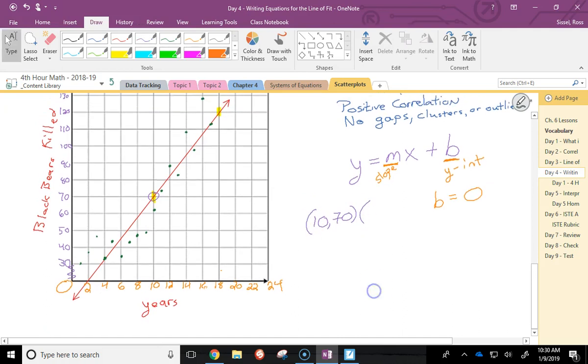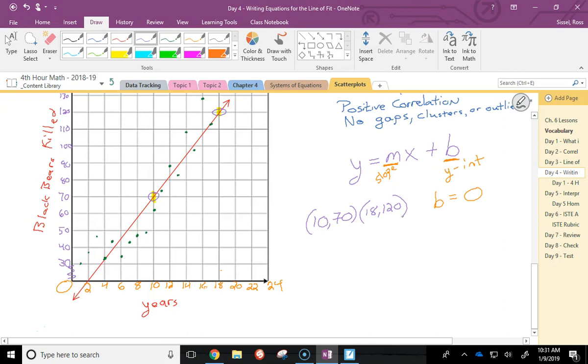Our second point is at (18, 120). I've now gone through my line and I've identified 2 points.